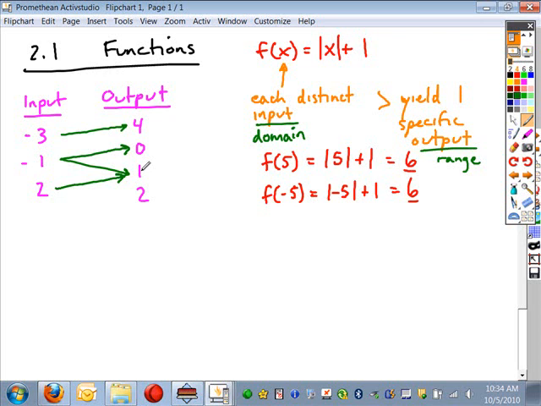All right, let's take another chart just like this. I want you to tell me if this is a function.